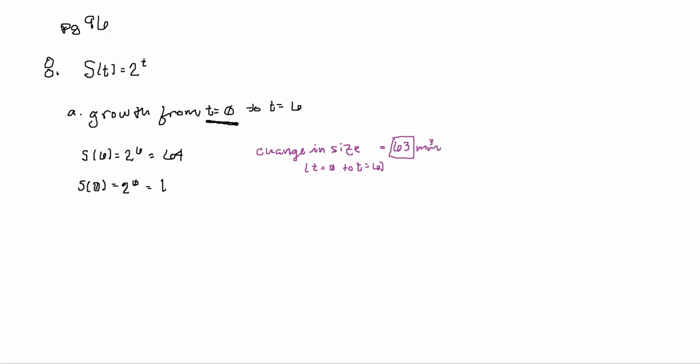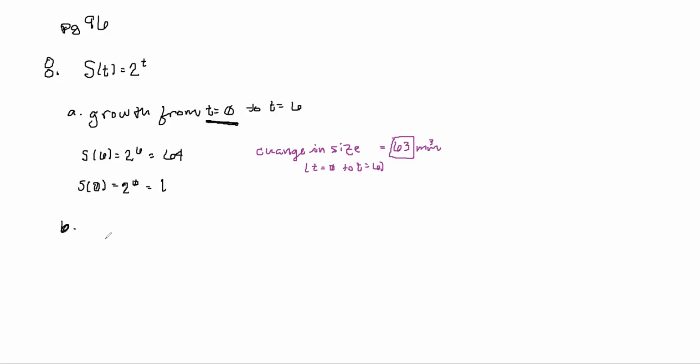So now for part B, it is asking us for the average rate of change of the size of the tumor during the first 6 months. So how do I go from what I have in part A to what I need in part B? It would just be 64 minus 1 over 6 minus 0.